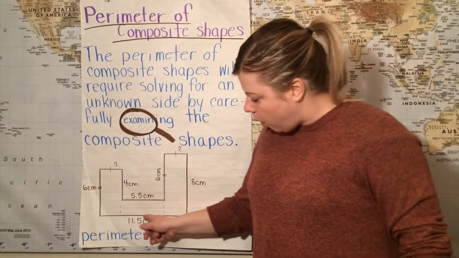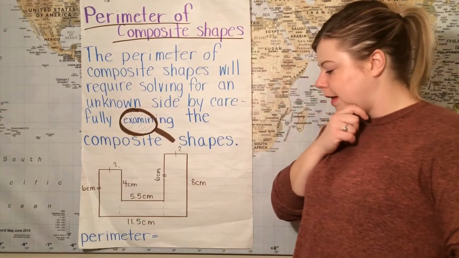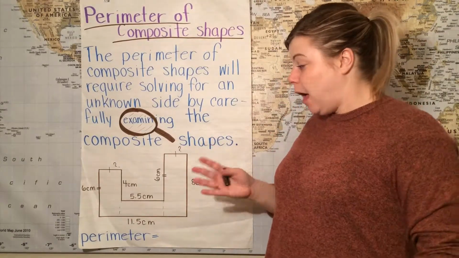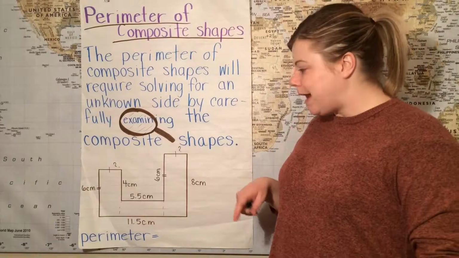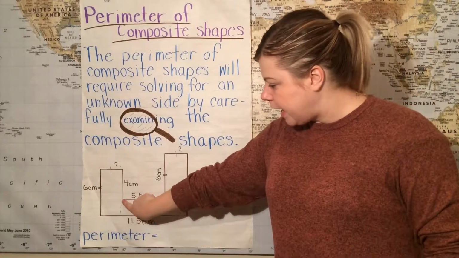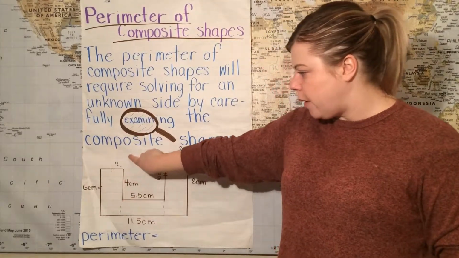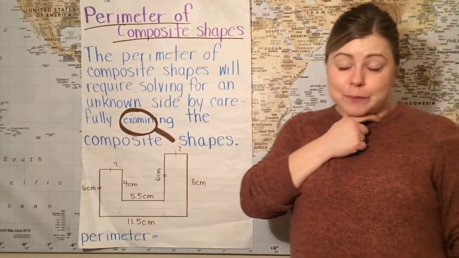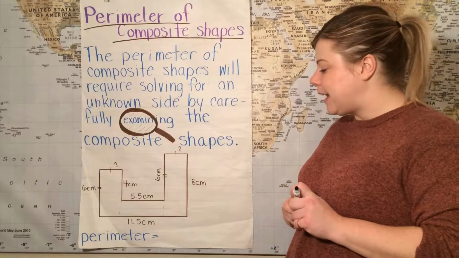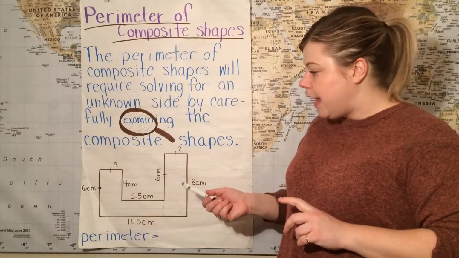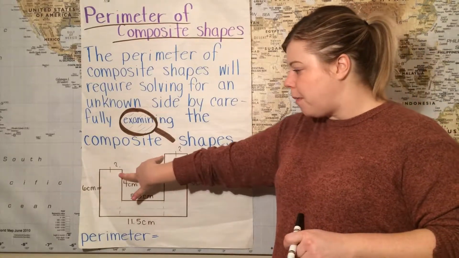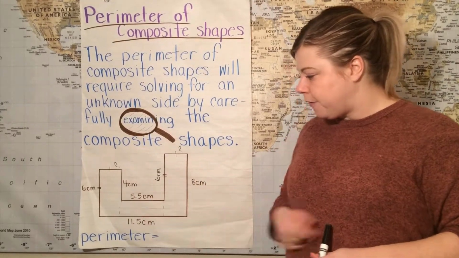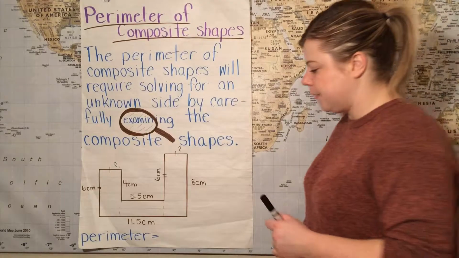So I know that the whole bottom here is worth 11.5 centimeters, but that still doesn't actually help me all that much. What I need to know is how much this in between space would be, so I'd know how much these two were valued, and as it turns out, I do. So, what can I do now? Well, in order to find out what the sum of these 2 shapes would be, I'll have to subtract that number from that number. So let's see.